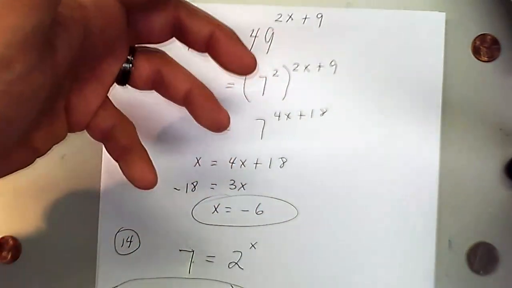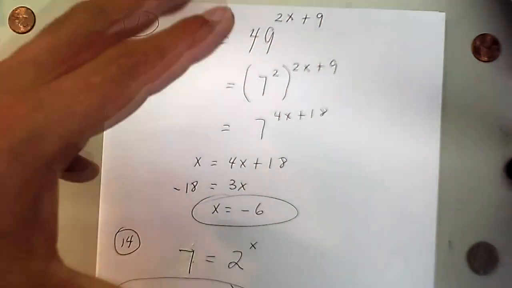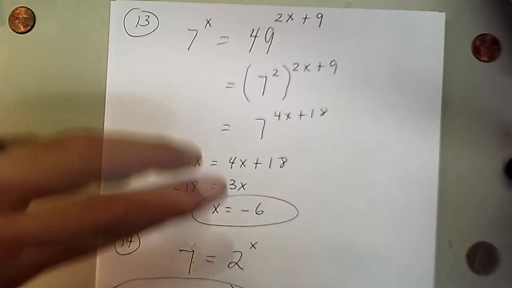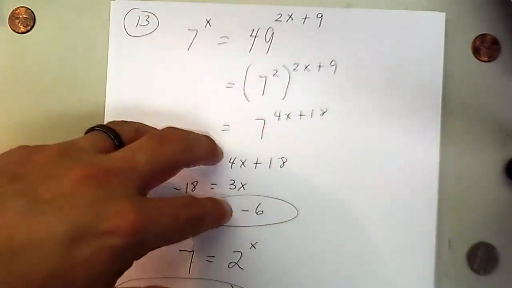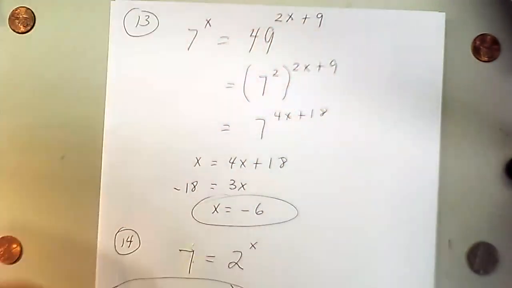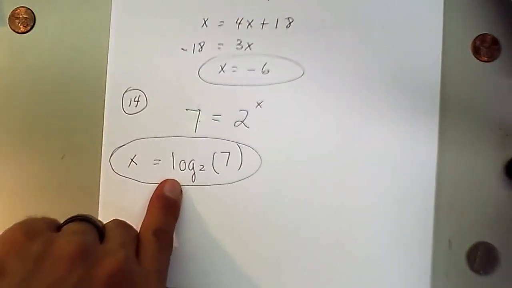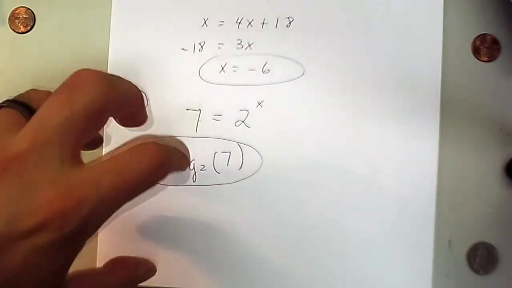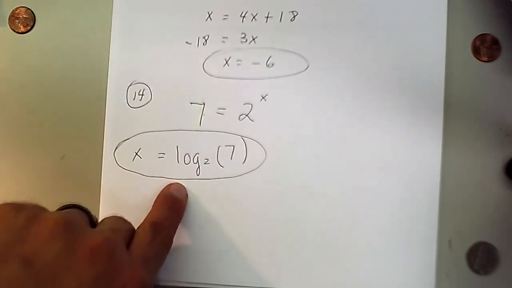Like 2 and 8 do match, 2 and 64, 3 and 27 are the same base. 3 cubed is 27. So if there is a natural whole number power that gives the other number, then we're okay. But if not, such as in this case, 2 and 7 do not belong to the same family of natural powers, then we have to use logarithms.